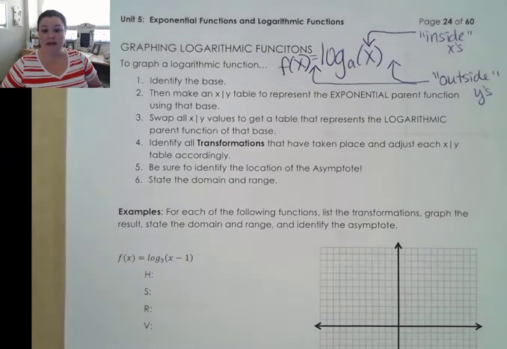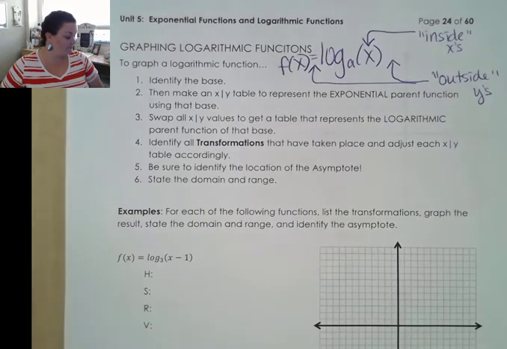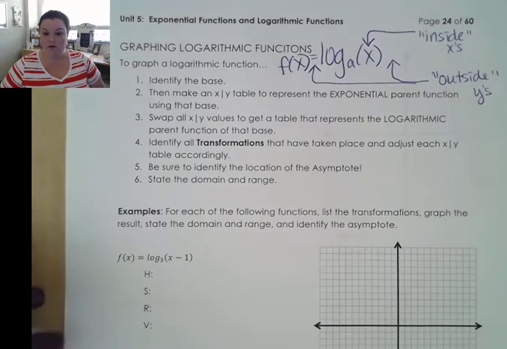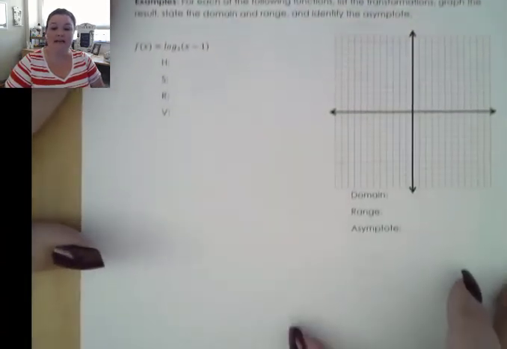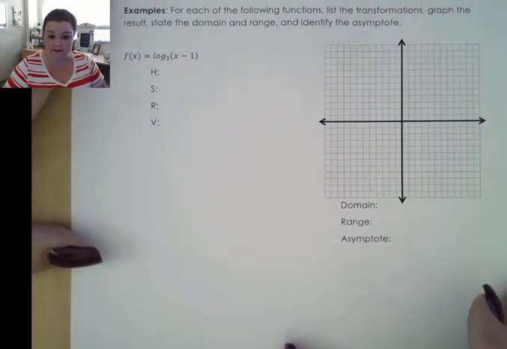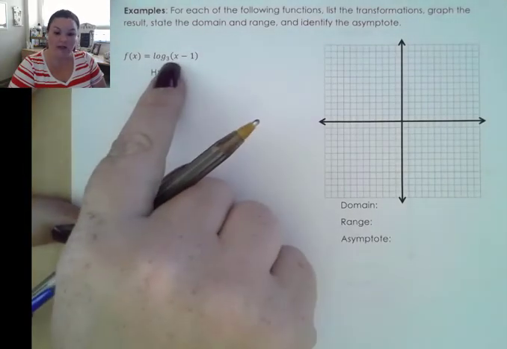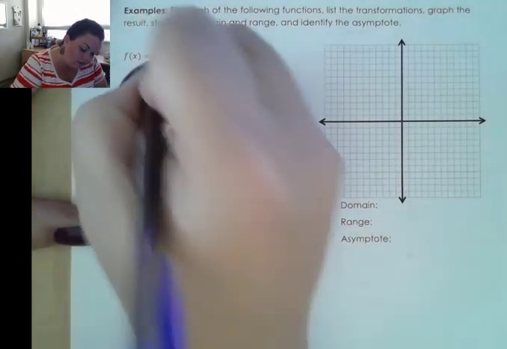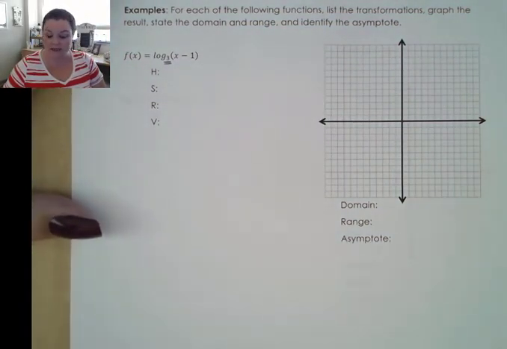All right, so let's go ahead and look at one and see if we can get this done, okay? So before we start identifying any transformations, the first thing, always first thing I want to do is look at this little base. The little base here on our log is a 3.